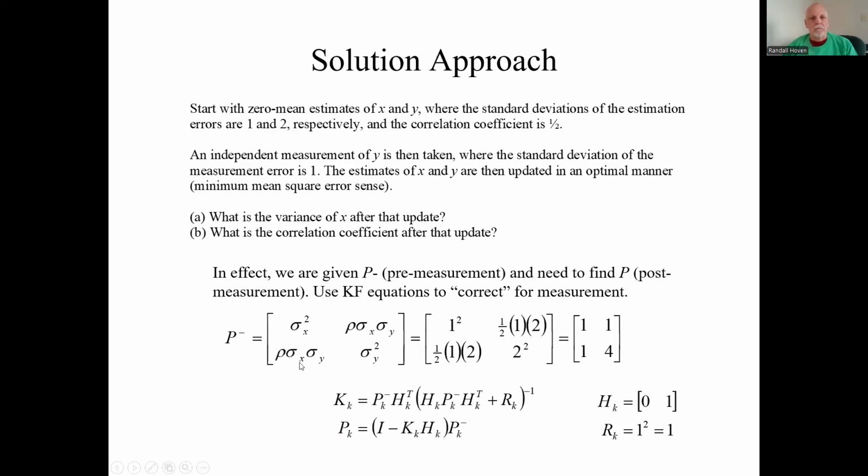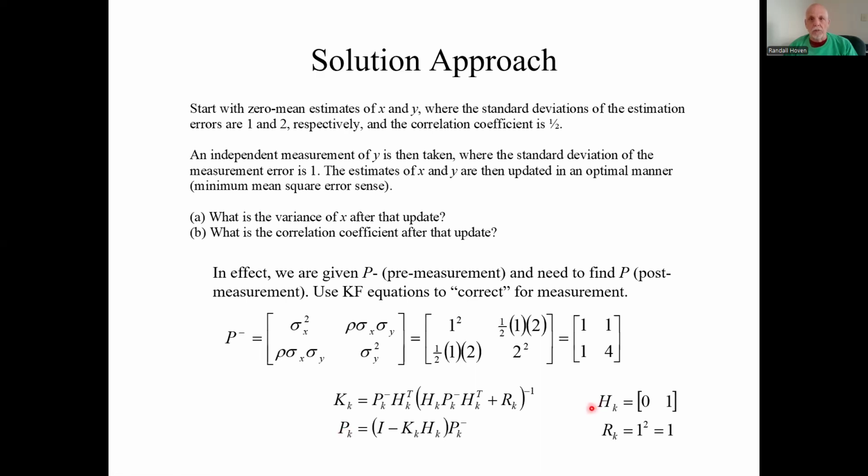So let's set that up. Here was the before measurement. This is just a 2 by 2. So its covariance matrix is going to look like this. And we're given all these numbers. So here's our before covariance. To get the after covariance, we're going to need the K. And we have an equation for that. And so let's see.